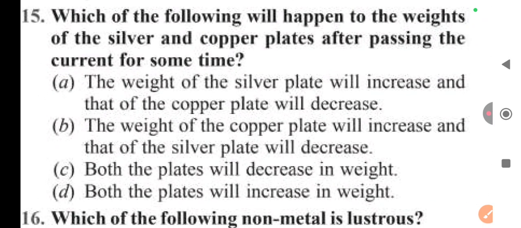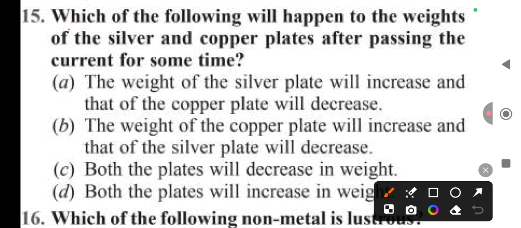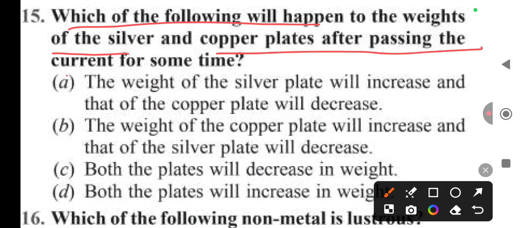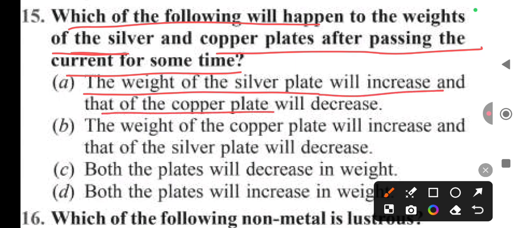So now our last question: which of the following will happen to the weight of the silver and copper plates after passing the current for some time? On the basis of that apparatus, what conclusion have we got? What will happen to their weight? The weight of the silver plate will increase and that of the copper plate will decrease.